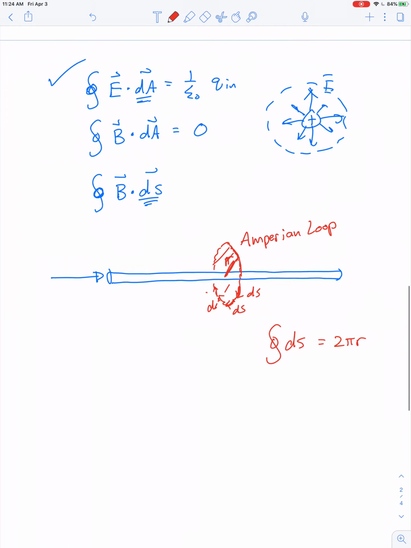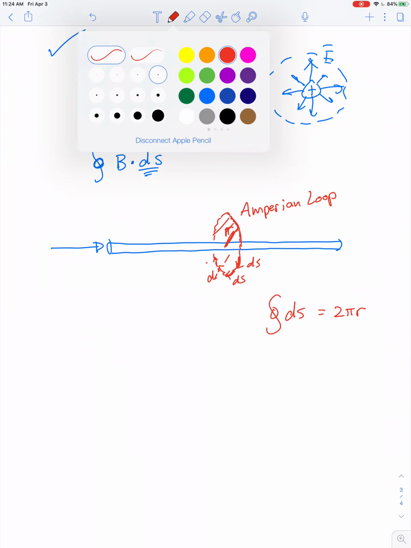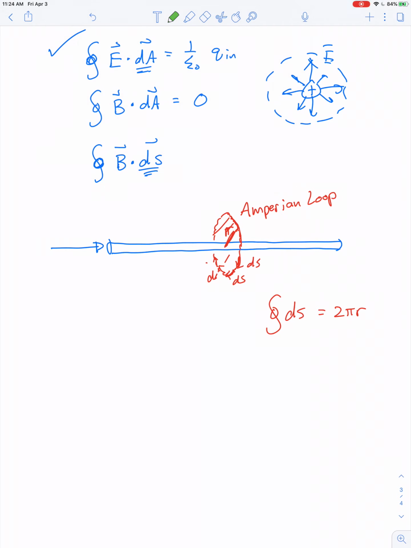All right? Well, here's the thing. We already know that the magnetic field lines around a wire, use the right-hand rule, point your thumb in this direction, and then your fingers go in circular paths. So I guess it goes that way, right?